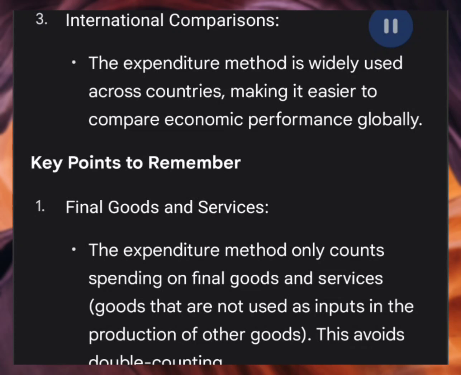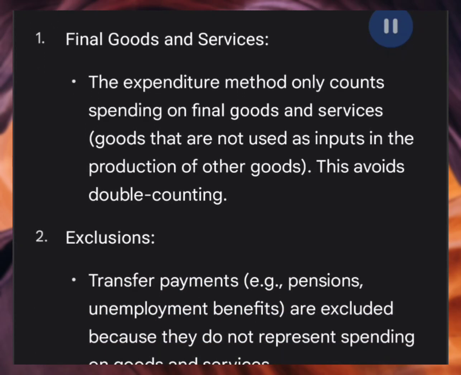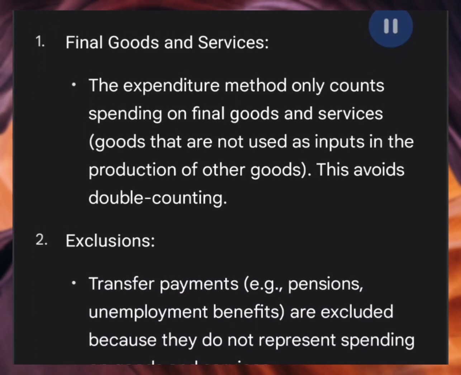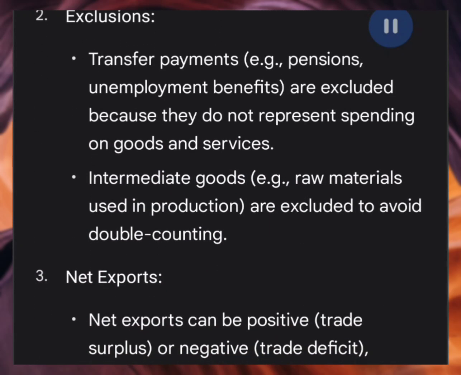Key points to remember. 1. Final goods and services. The expenditure method only counts spending on final goods and services, goods that are not used as inputs in the production of other goods. This avoids double counting. 2. Exclusions. Transfer payments, e.g., pensions, unemployment benefits, are excluded because they do not represent spending on goods and services.